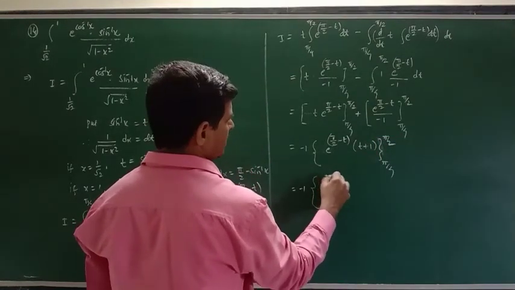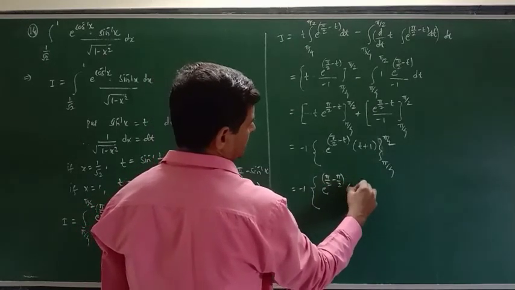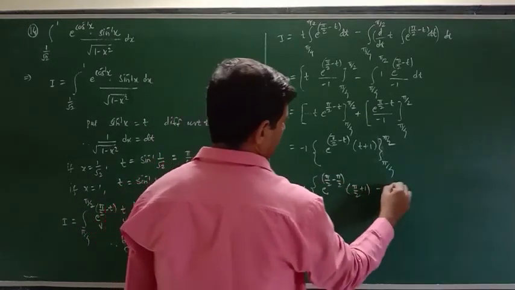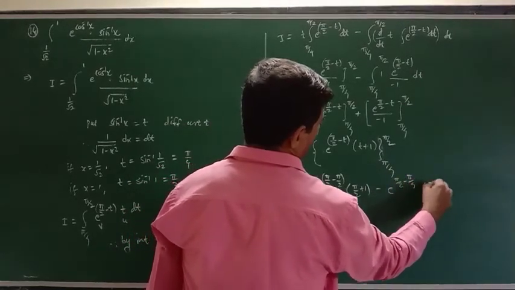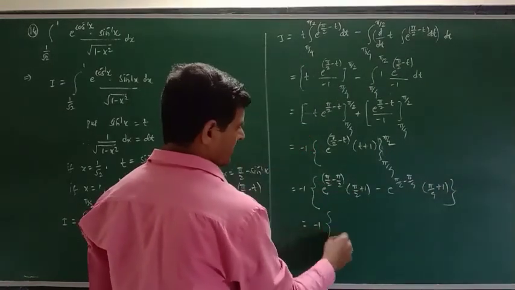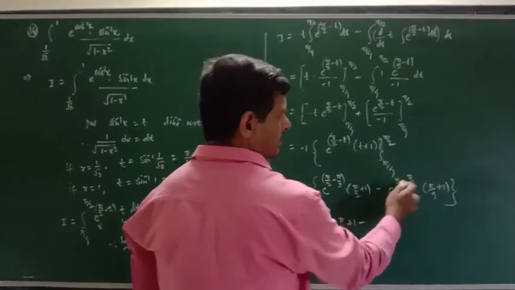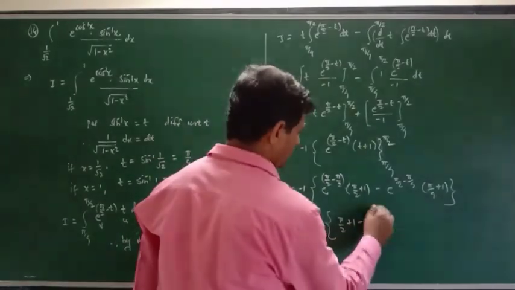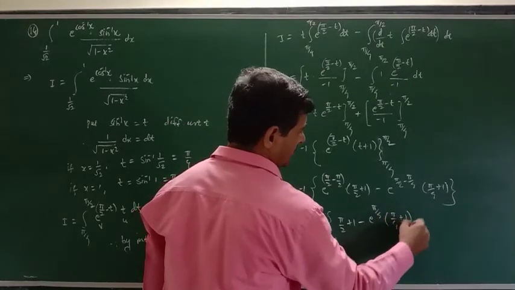E raised to pi by 2 minus pi by 2 for the upper limit, into pi by 2 plus 1, minus e raised to pi by 2 minus pi by 4 into pi by 4 plus 1. So what is the simplification? E raised to 0 is 1. So pi by 2 plus 1, and e raised to pi by 4 into pi by 4 plus 1.